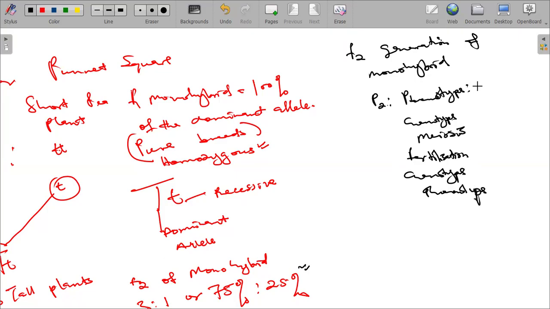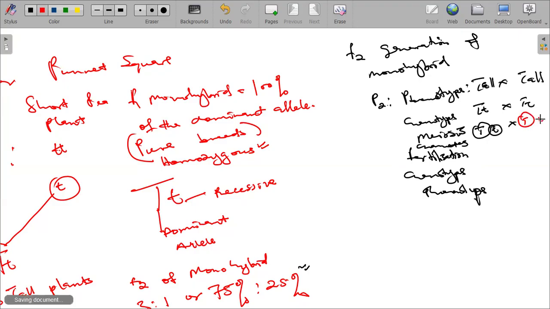The phenotype is a tall plant crossed with a tall plant. The genotype is a heterozygous Tt crossed with a heterozygous Tt. For meiosis, the gametes must not be forgotten. Meiosis halves the number of chromosomes, so we have T and t on each side.